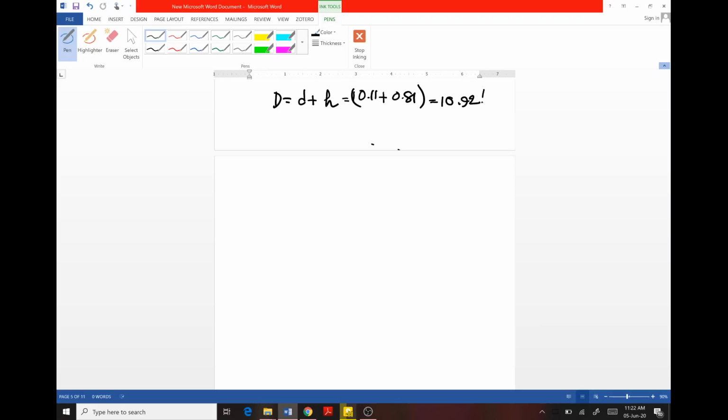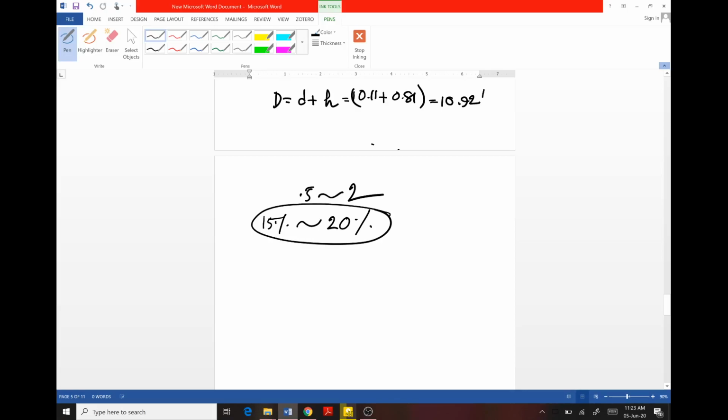So we provide 15 to 20% more embedded length for ensuring safety. This 15 to 20% addition increases the factor of safety to 1.5 to 2.